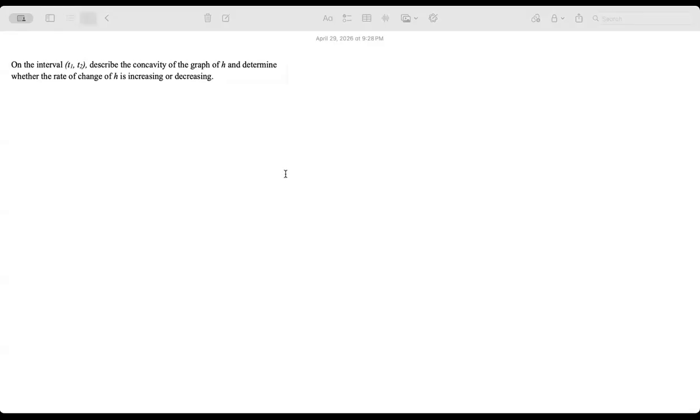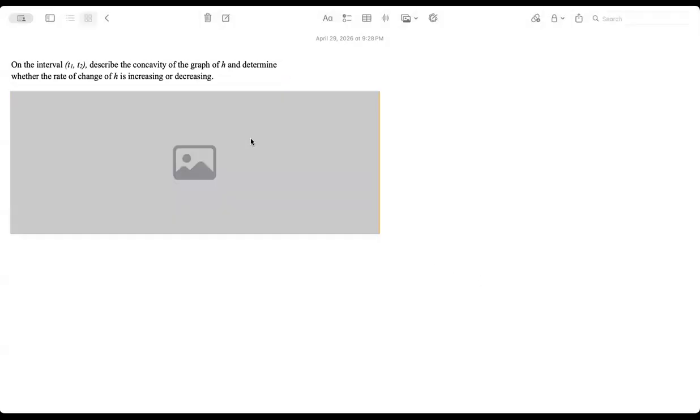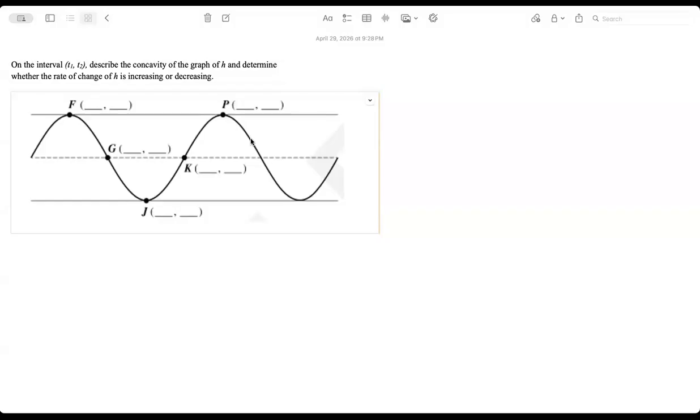Okay, let's see this one. We were referring to the second problem, right? For the interval G and J, I want you to write down... Let's see this one, guys. Can you tell me for the interval G and J, is it concave up?